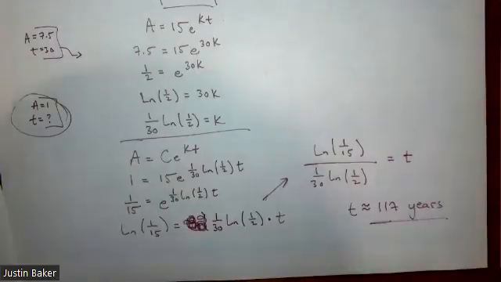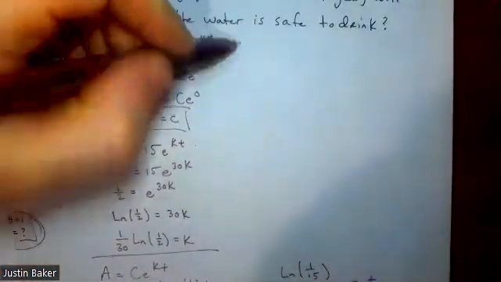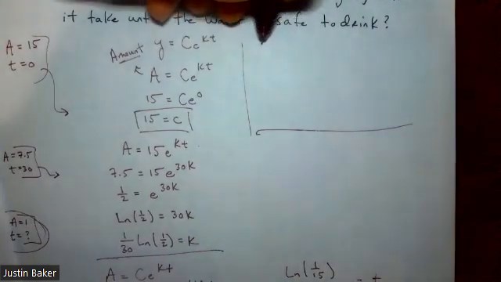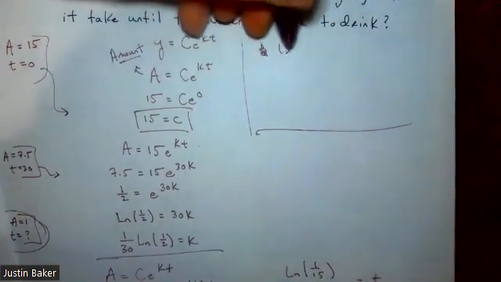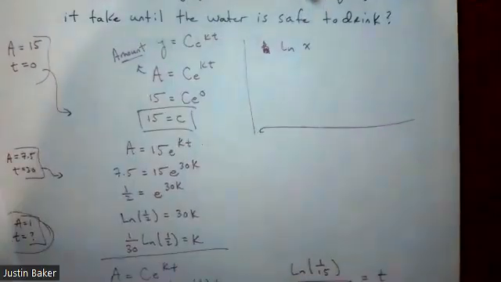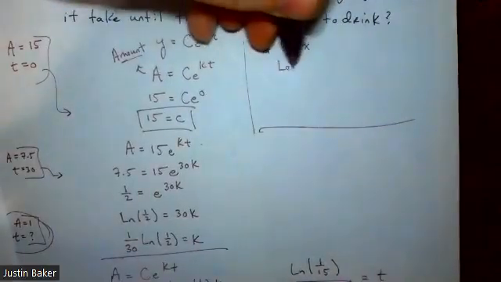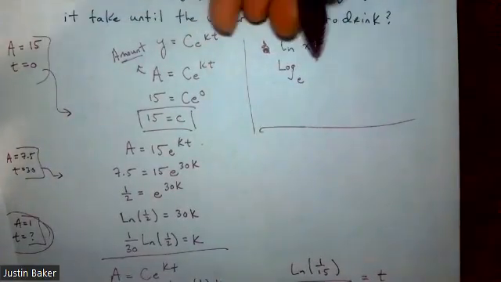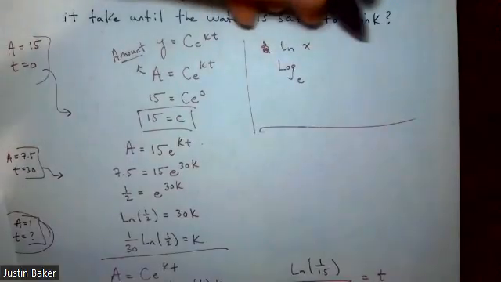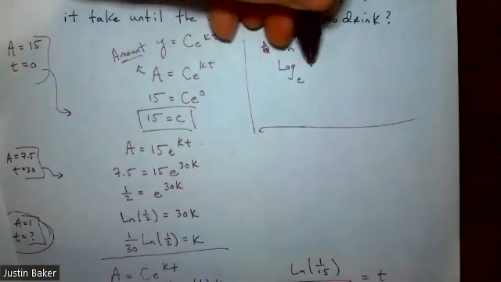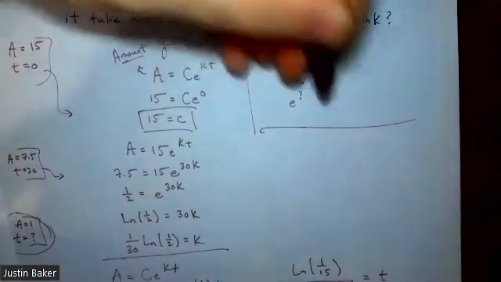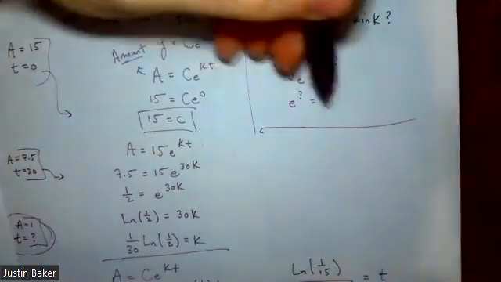So absolute value symbols for ln are only when you integrate. The deal is that technically natural log is never negative. When you think about natural log, natural log x is the same thing as a logarithm in base e. So log base e x equals something, which means e to the something is equal to x.